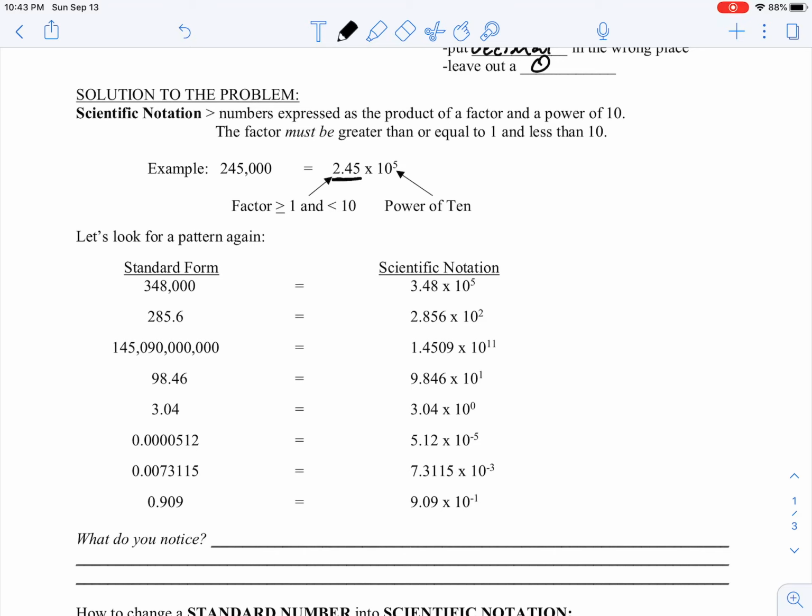So our number there has to be 1 or bigger, or let's put that in a better way here, in between 1 and 9.999. Well, those 9s could go on for forever if they needed to, but it's got to have one whole spot and then the decimal places.